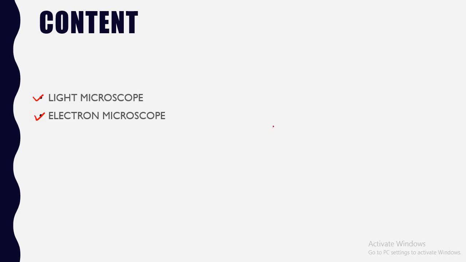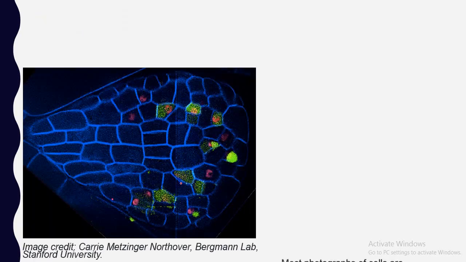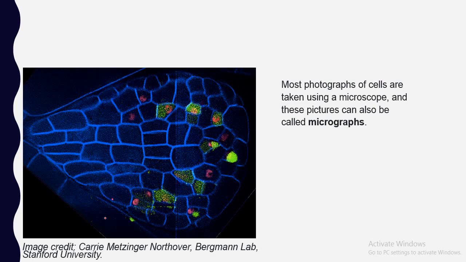Let's get started. So this is the micrograph which you can see over here. Micrographs are what? They are photographs of the cell that are taken using a microscope. If it is taken using a light microscope, it's a light micrograph. If it's an electron microscope, then it's an electron micrograph.